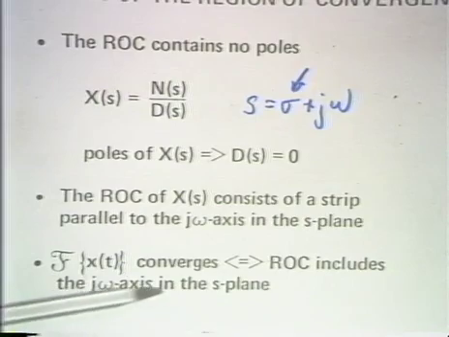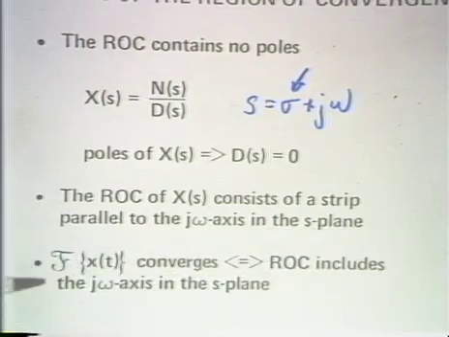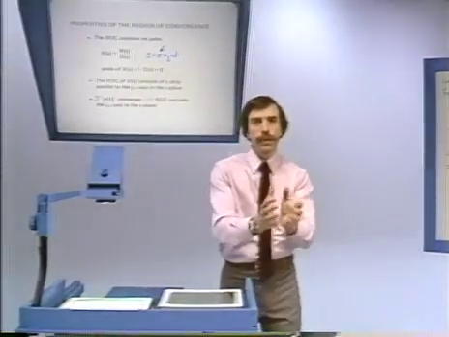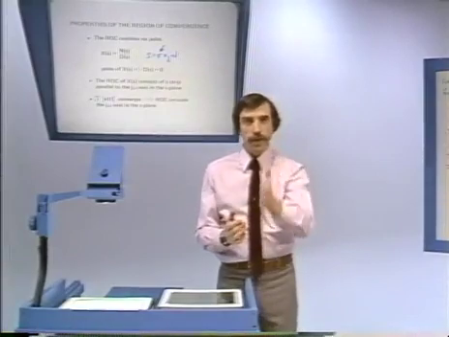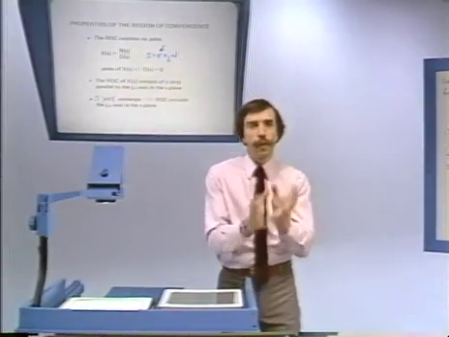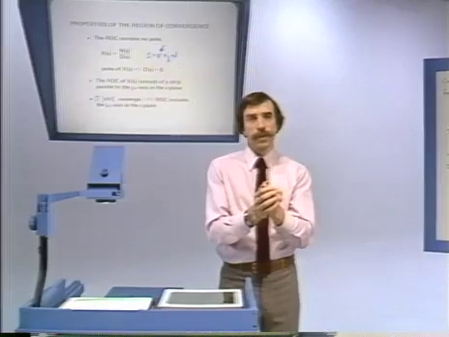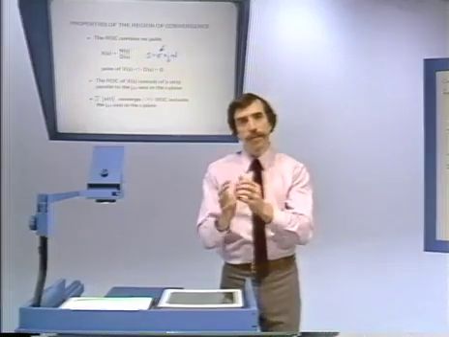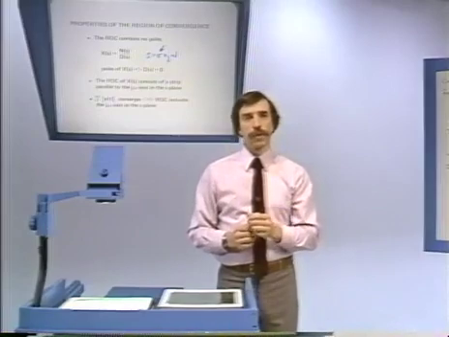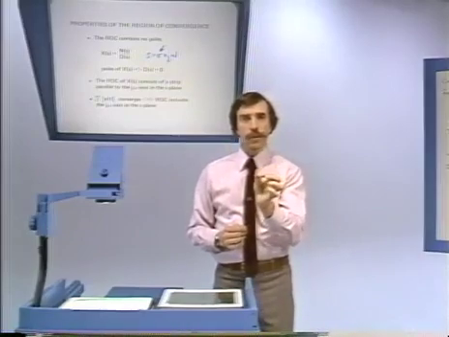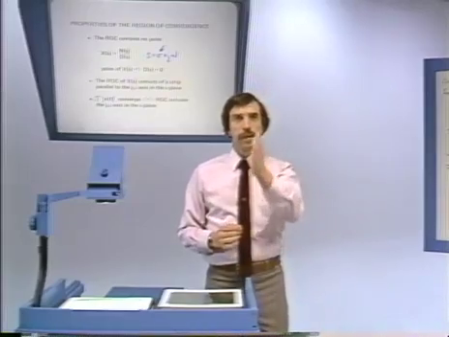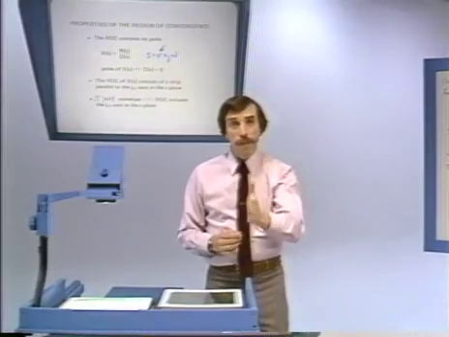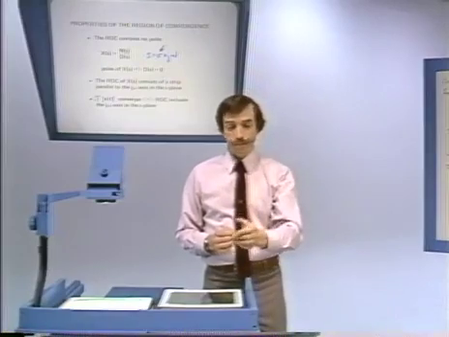The implication is that if the Laplace transform reduces to the Fourier transform when sigma equals 0, in other words, when s is equal to j omega, then the Fourier transform of x of t converging is equivalent to the statement that the Laplace transform converges for sigma equal to 0. In other words, that the region of convergence includes what? The j omega axis in the s-plane.